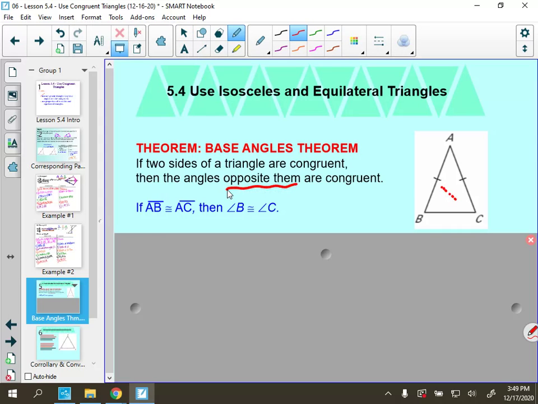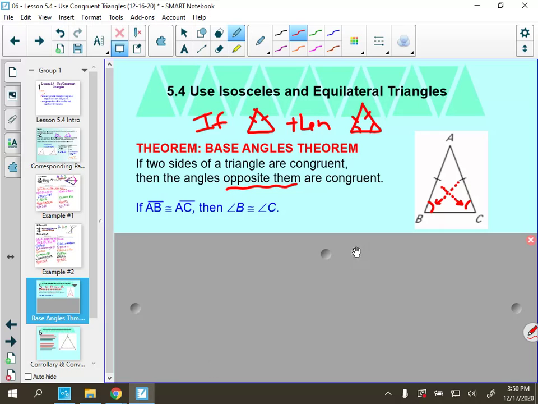So I'd know that this angle and this angle right here have to be congruent. So we wrote it as if you knew you had an isosceles triangle, then that same triangle would also have to have congruent angles. We did it more with a picture.